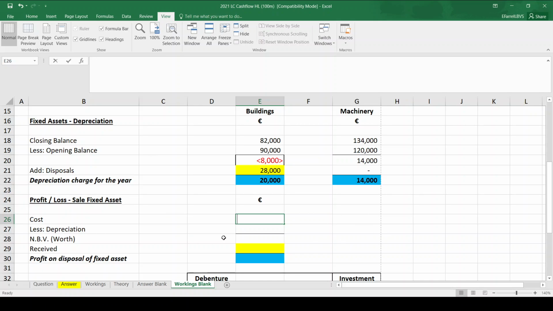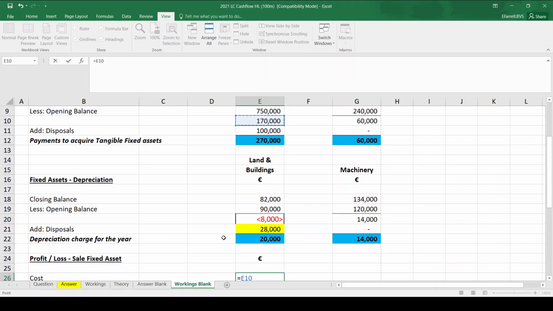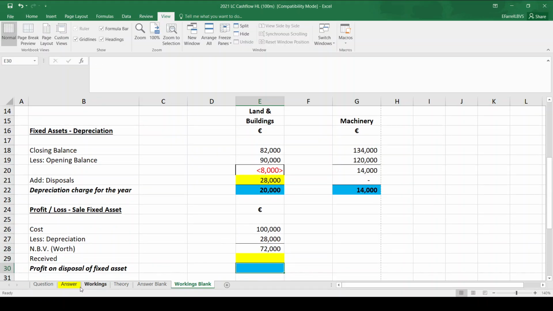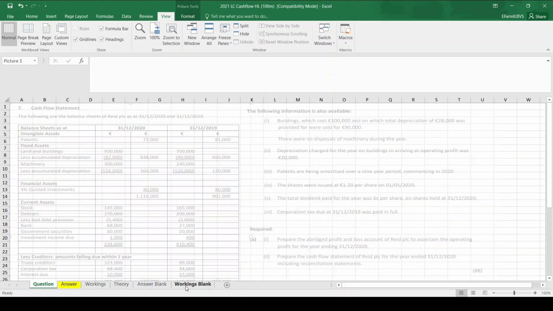The profit and loss on the buildings, I can see from above that the cost of the buildings that I disposed of was 100,000. The depreciation of the buildings I disposed of was 28,000. So those buildings were worth 72,000. In the question, it says that we received 90,000 for the buildings that were sold. They were sold for 90,000.